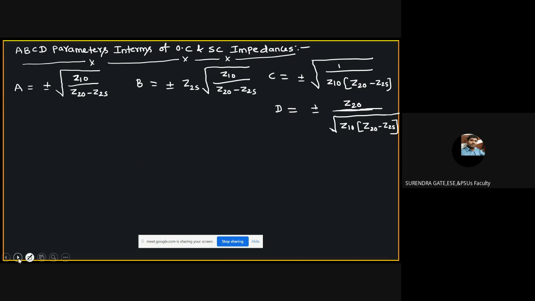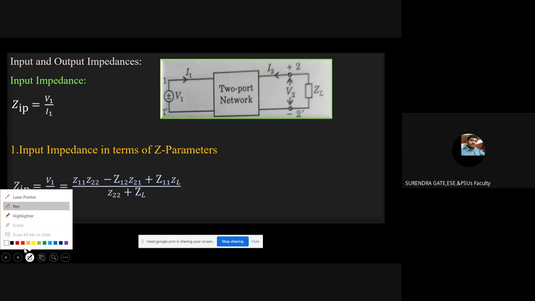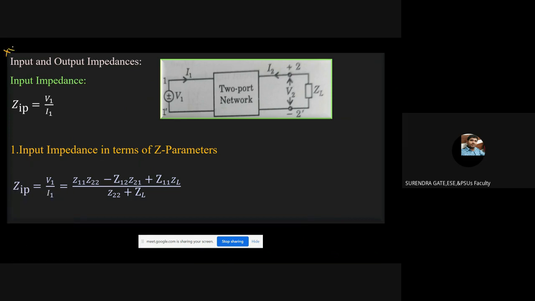Please concentrate. The next one is how to define the input impedance and output impedance. This is very important. Already based on this model, GATE questions have been framed. If you want to calculate input impedance, it is defined because at the output side, if any load is connected, then how to define the input impedance?